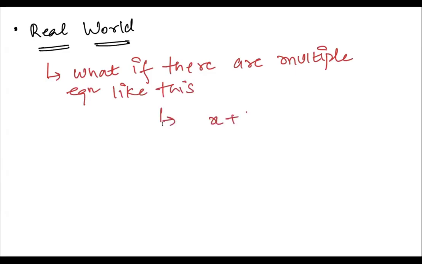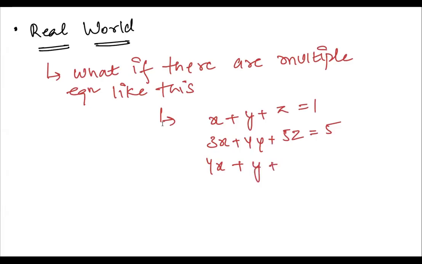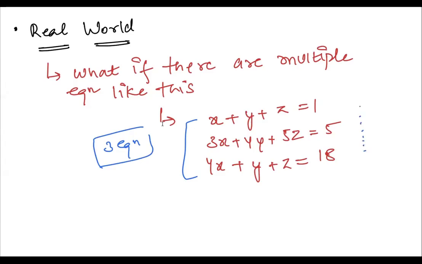Let's say x plus y plus z is equal to 1, 3x plus 4y plus 5z is equal to 5, and 4x plus y plus z is equal to 18. Now we have 3 equations. But you know that in the real world there can be multiple equations, right? Do you agree or not?